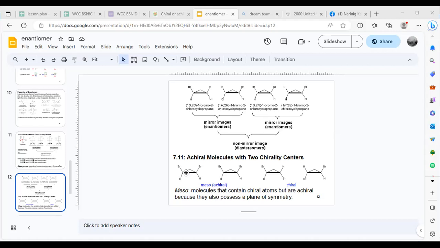If you put a mirror in the middle, it will reflect the other half. Or if you take the whole molecule and make a mirror image, the two molecules are superimposable. So basically, they are the same molecule. So these are meso compounds. So these are achiral compounds.